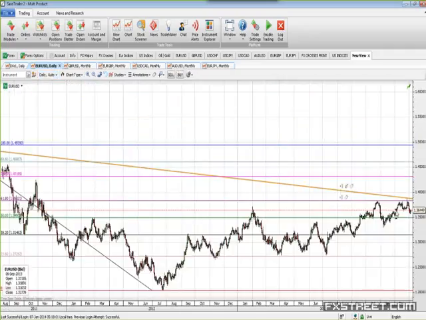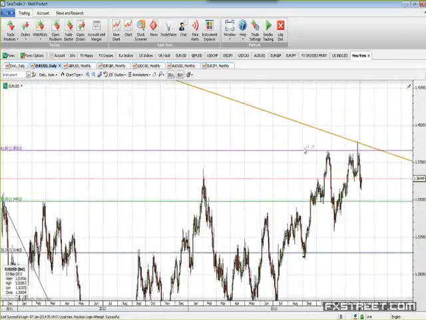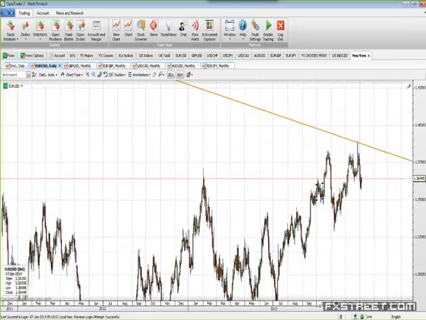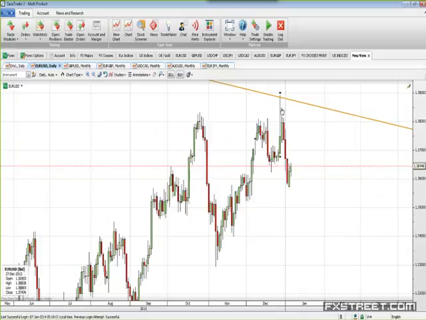Daily. I'm going to lose this now. Actually, now where 61.8 is. Okay, so daily, we had some inside bars. This was over the holiday break. Liquidity was very low.